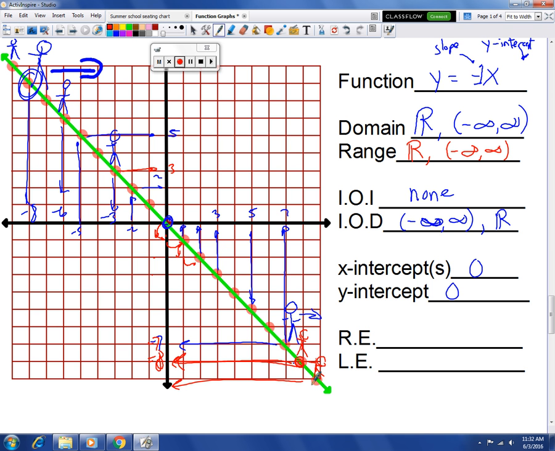The answer gets a little bit lower, negative 9. So this time, as he's going to the right, approaches positive infinity, he's going down forever, negative infinity. This is right, this is down. Alright, turn your little guy around for this one spot. Left end behavior.